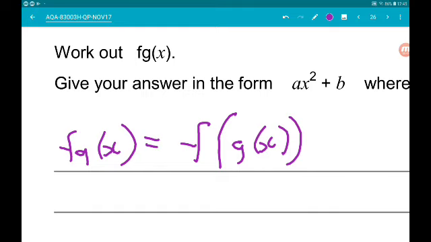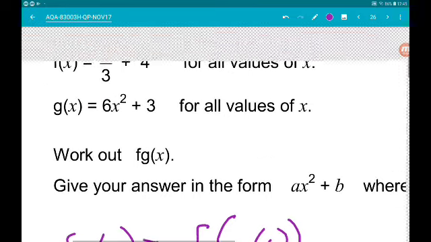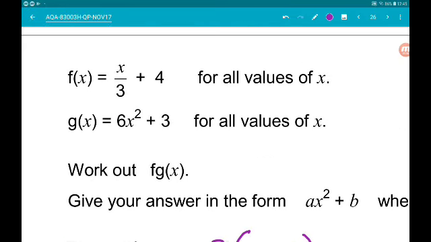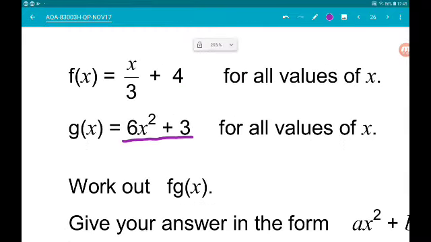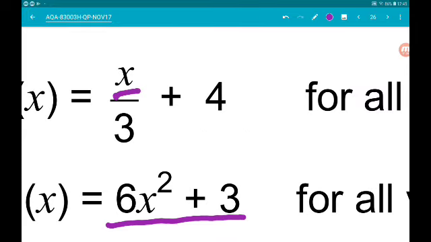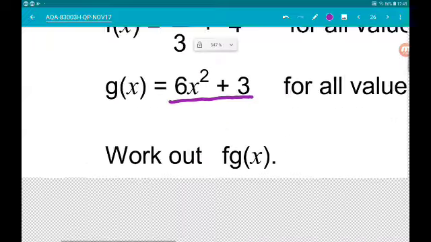So we substitute the g function into the f function. So wherever there is an x in f of x, it becomes 6x squared add 3. So this x becomes 6x squared add 3.